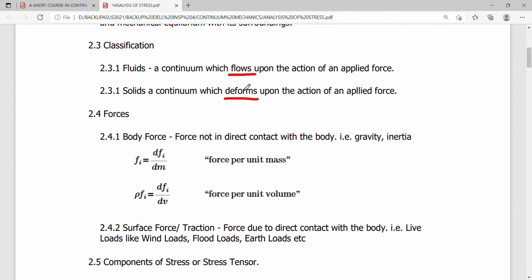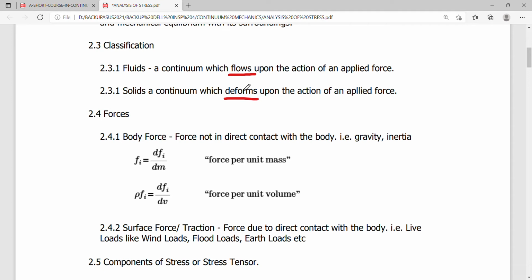For the forces, we have basically two force types that we will be encountering. The first one is called the body force, which is of course the force that is not in direct contact with the body, and it is normally described in terms of gravity and mass or inertia.